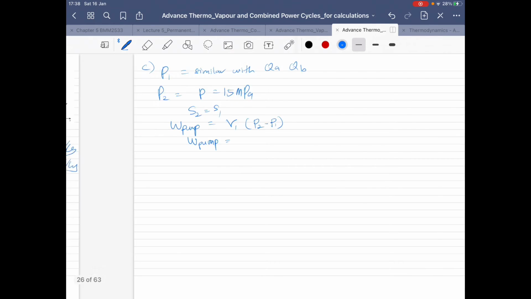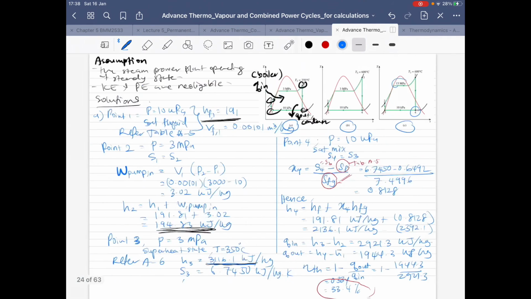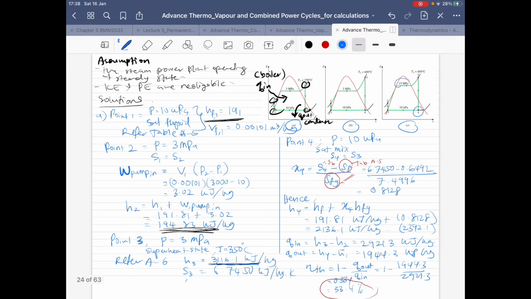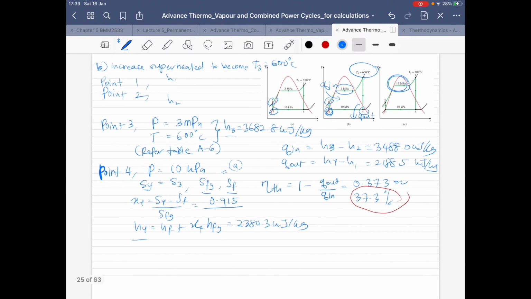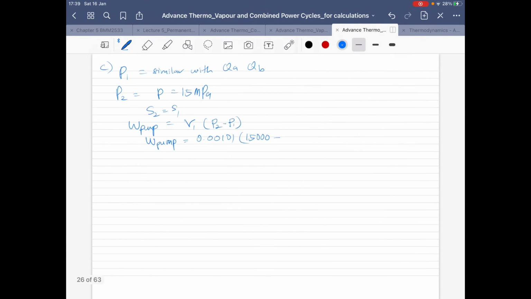So what was V1? Insert V1. V1 is 0.00101. P2 is 15 megapascal, which means 15,000, minus 10 kilopascal, as this is also 10 kilopascal in question C. So what W pump will you get?